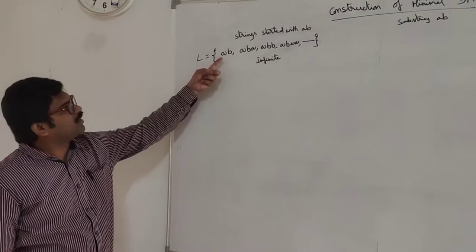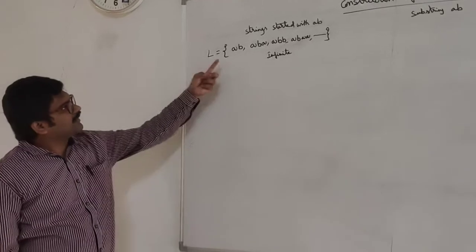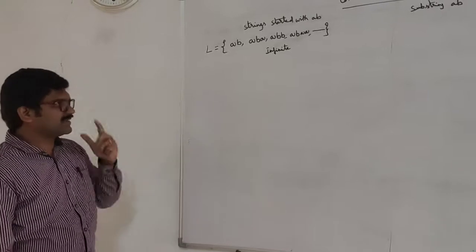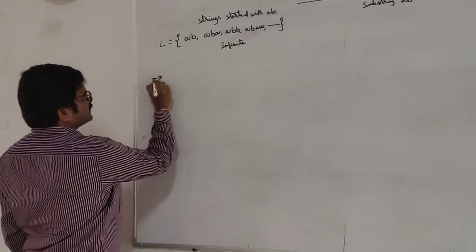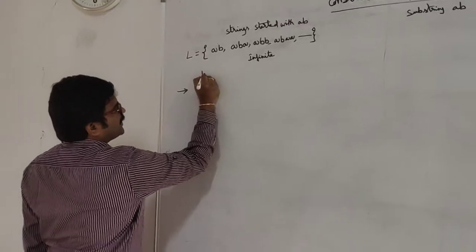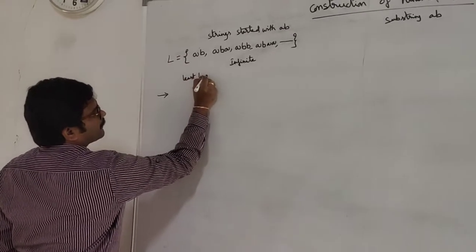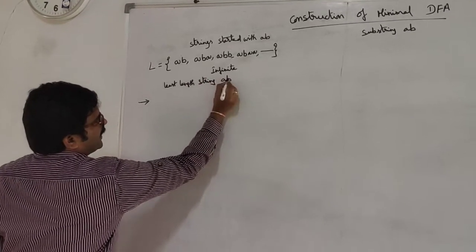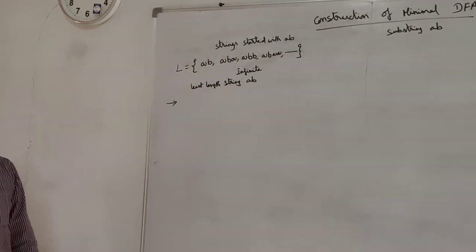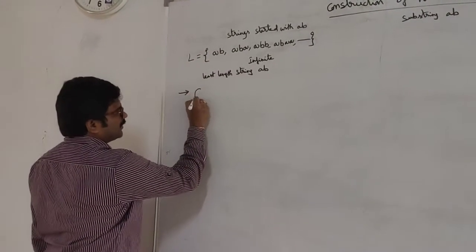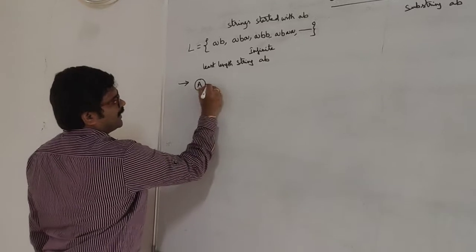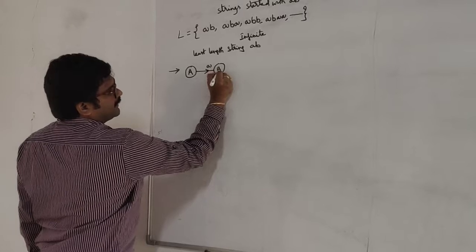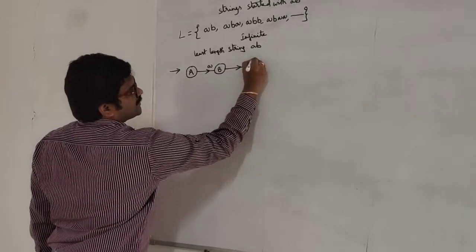So what is the least length string? ab is my least length string. For that least length string, we need to draw the skeleton. What does skeleton mean? Let us see here. DFA starts with the state A, and what is my first input symbol? a, and then the next state B, and then the next state, which must be the final state.